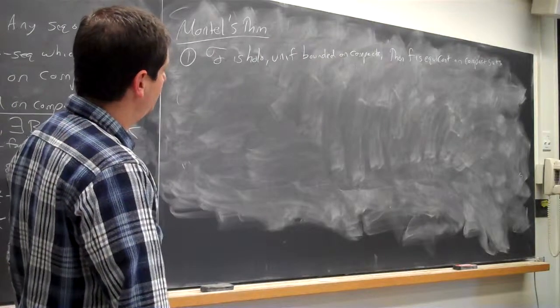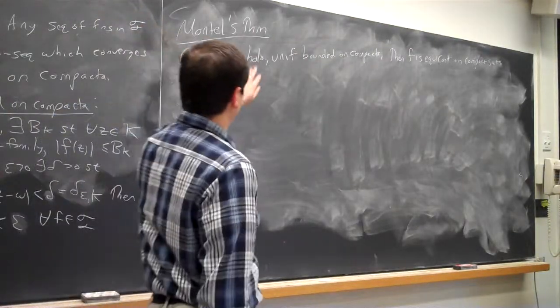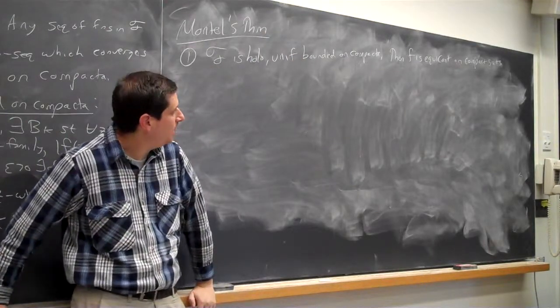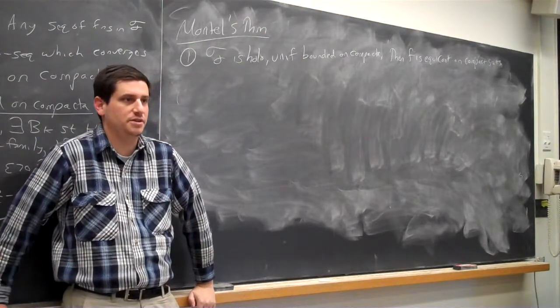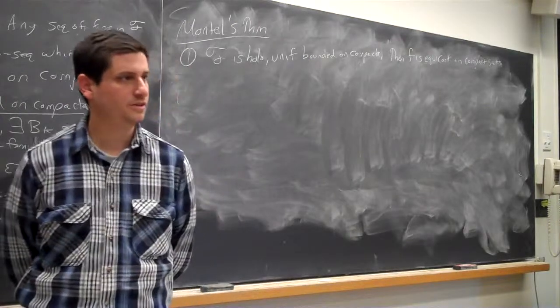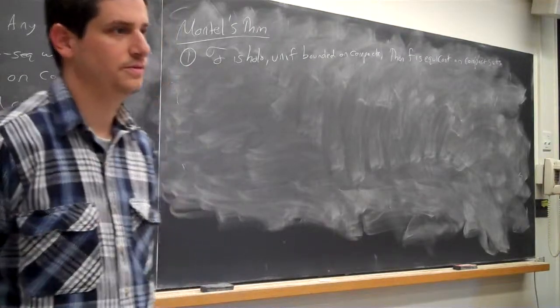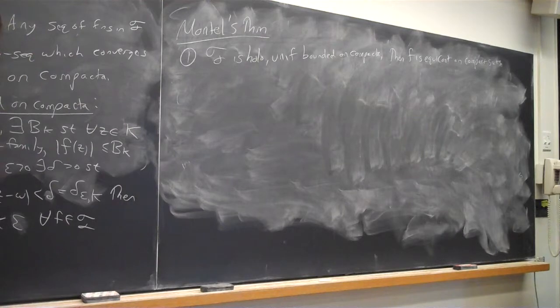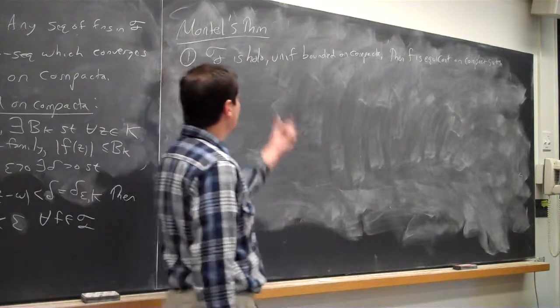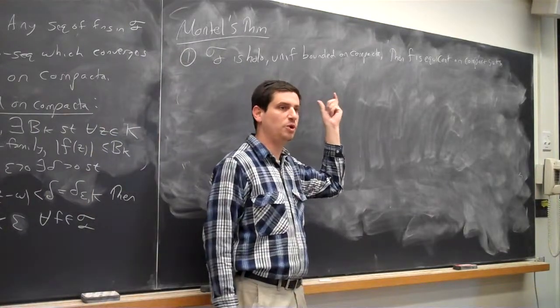What do you think happens if we drop the word holomorphic? Imagine we have a set of functions that are uniformly bounded on compact sets. Then is it uniformly continuous? What do you think? You could have something going to a step function. So the result is going to fail if we drop holomorphic.